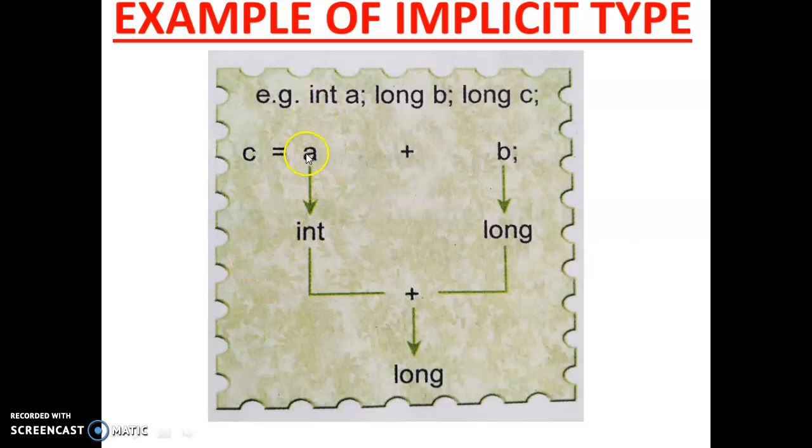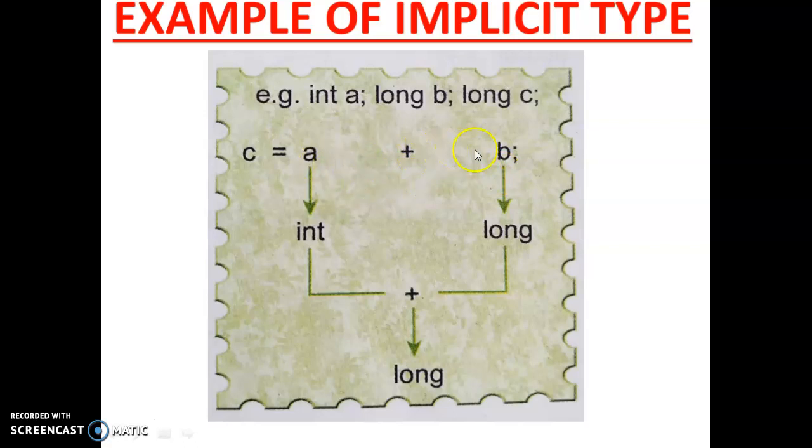Suppose a is an integer and b is a long type variable. So it is an example of a mixed expression where a is an integer, b is a long. So one integer and one long we want to add. If both of those are integer, then that type of expression is called a pure arithmetic expression.